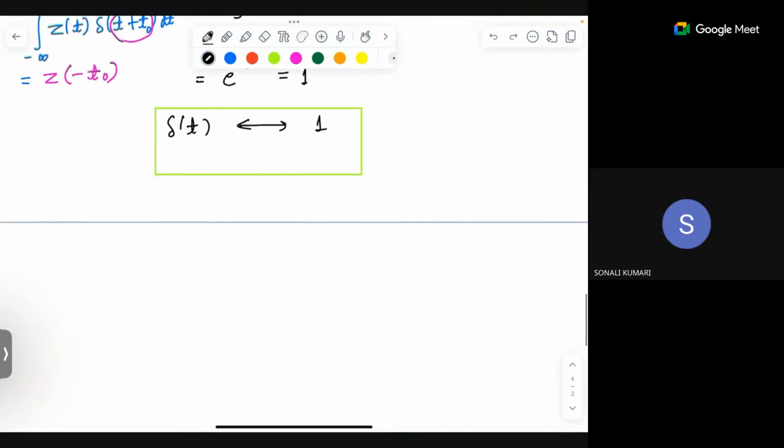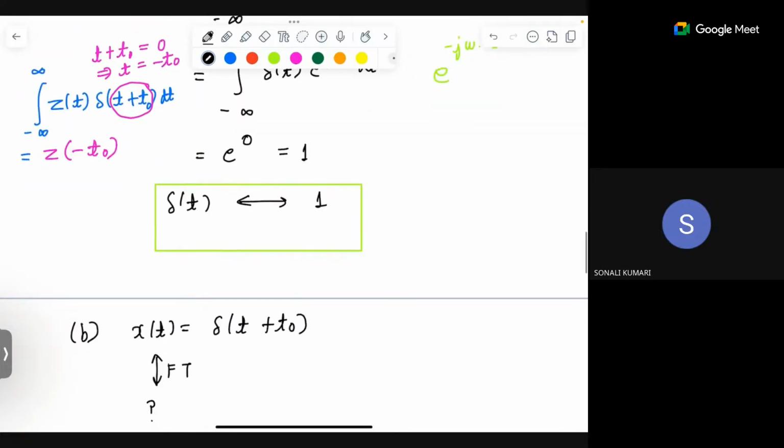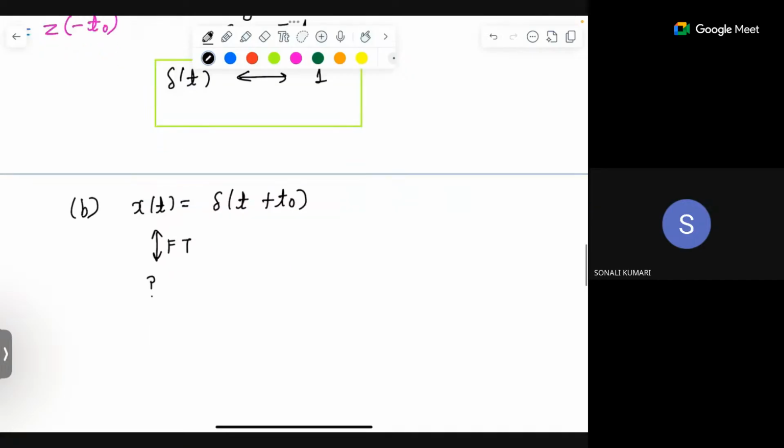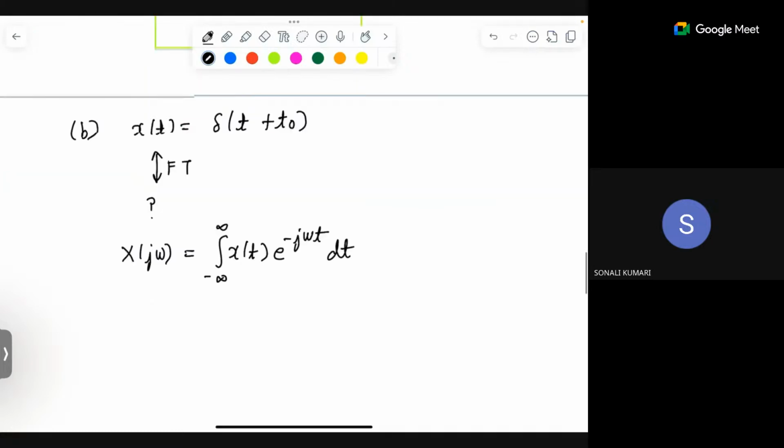Okay, B part: x of t is equal to delta of t plus t naught. Tell me the Fourier transform of this. I've written the Fourier transform equation.